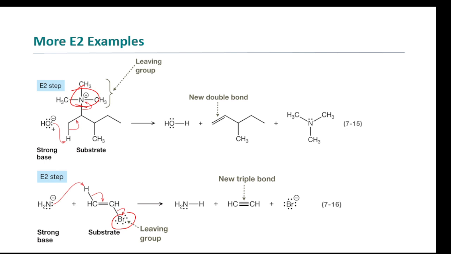For example, this just outright has a lot of electronegativity because it's the positively charged nitrogen, right? If it was regular nitrogen, not really. But this one right here is actually not that electronegative, is it? No. And so, yes, it's electronegative, but it also is big.